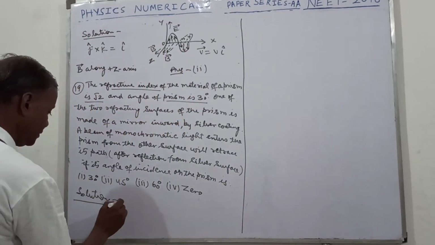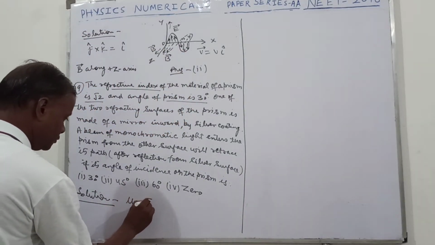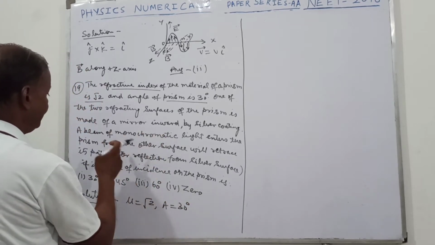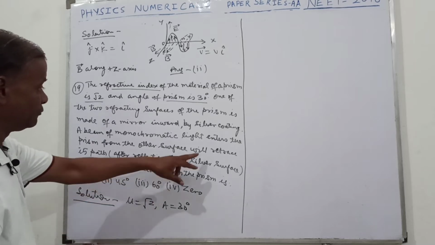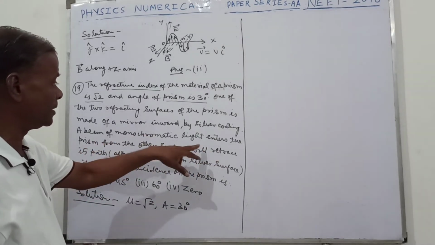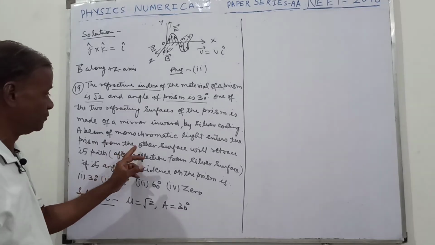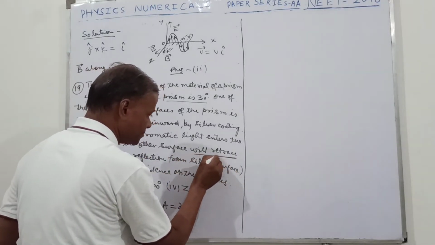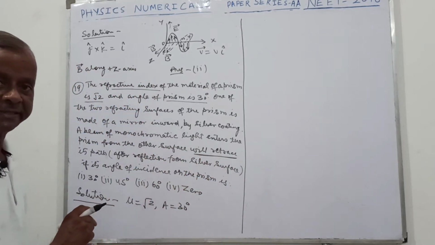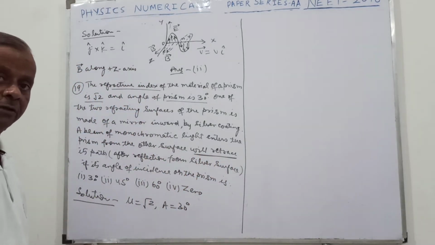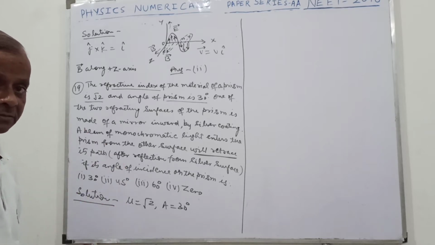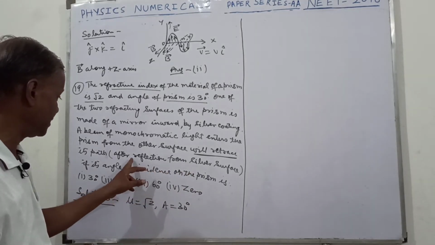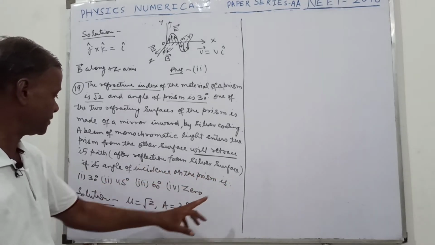Here mu equal to root 2, A equal to 30 degree, and a monochromatic light ray enters the prism from the other side and will retrace, means that after reflection it will follow the initial path. This is the reflection from the silver surface.